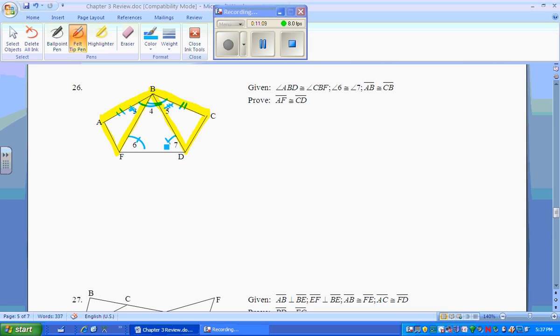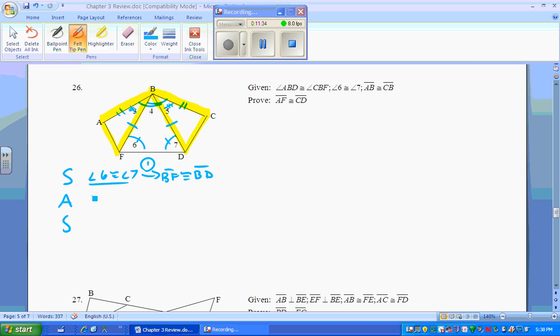We can't get another angle, but we can look at triangle BFD and say it's isosceles. So if the angles, then this side will be congruent to this side. So we can prove it by side, angle, side. So one side was angle 6 was congruent to angle 7. Arrow out. We got BF congruent to BD.